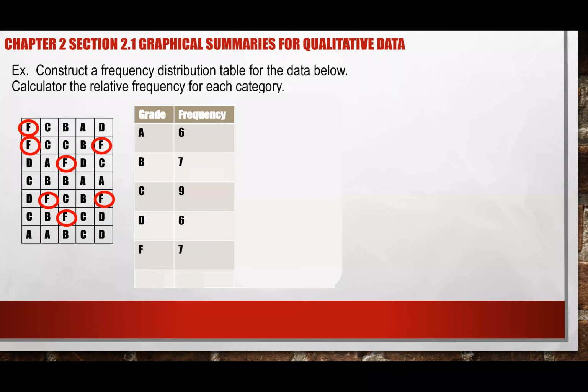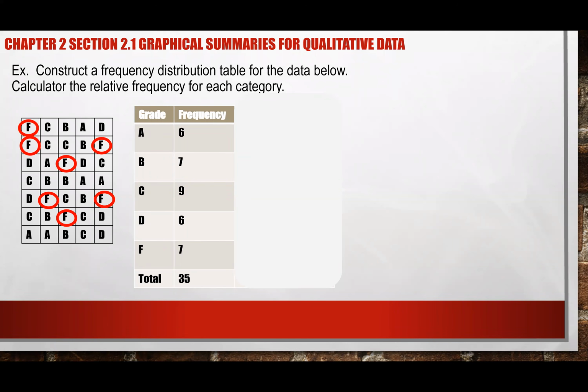To check yourself, add the frequencies. If they equal 35, then most likely they came out right, unless you made two errors. If the number is 36, you miscounted somewhere. If it's 34, you lost someone along the way. This is what we do in a frequency distribution table.